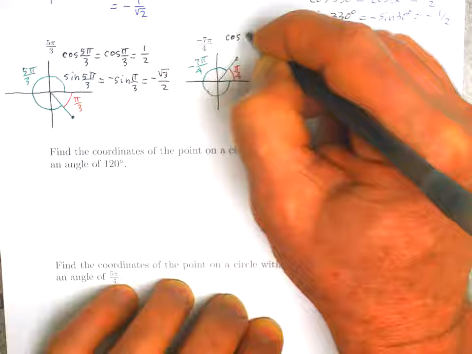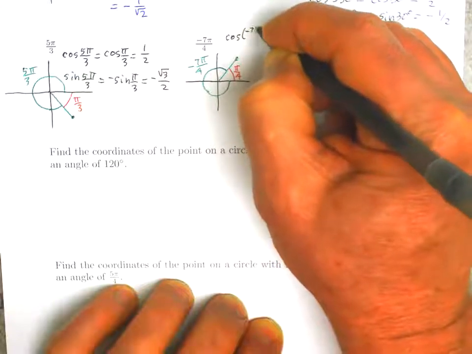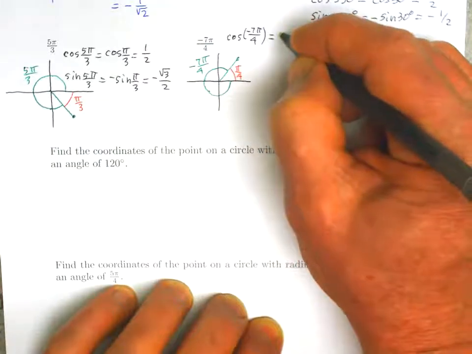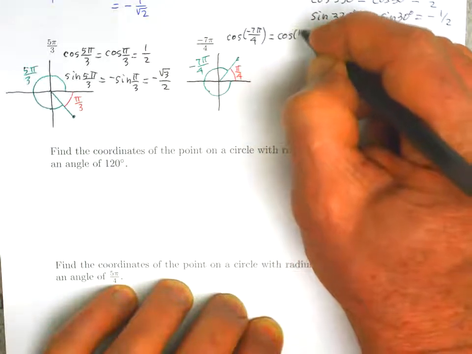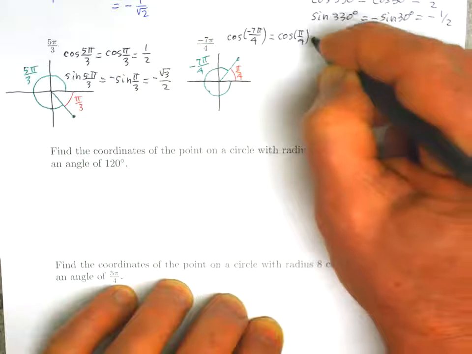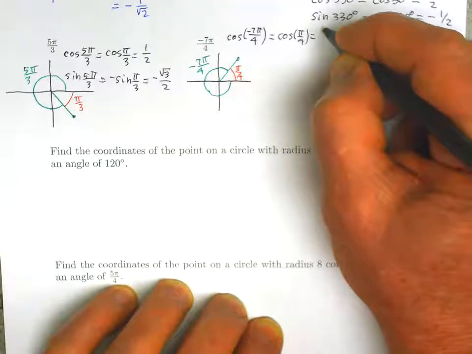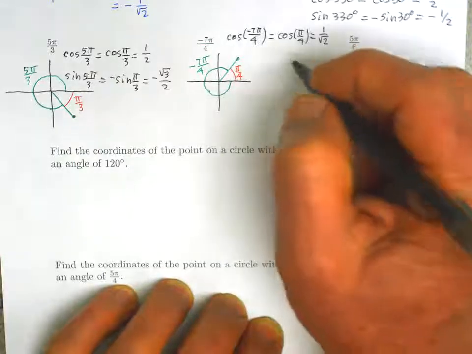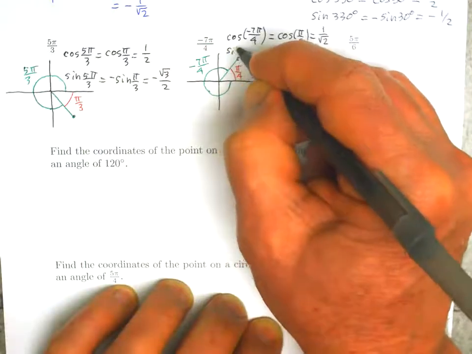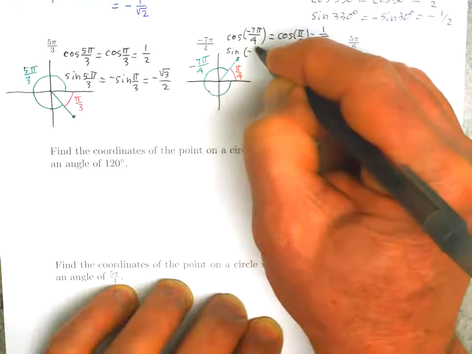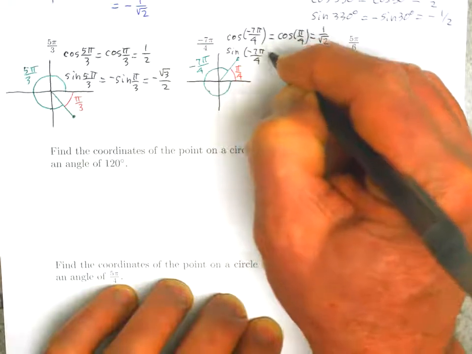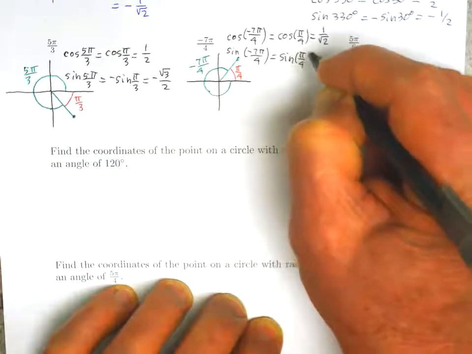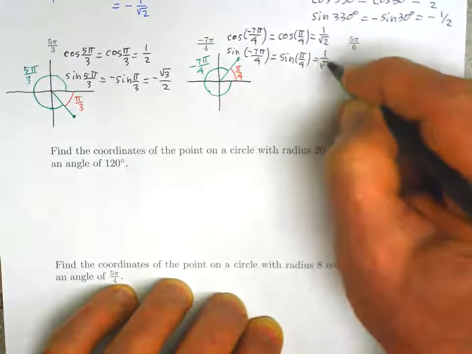Cosine of negative 7 pi over 4 equals cosine of pi over 4, which is equal to 1 over the square root of 2. And sine of negative 7 pi over 4 equals sine of pi over 4, also equal to 1 over the square root of 2.